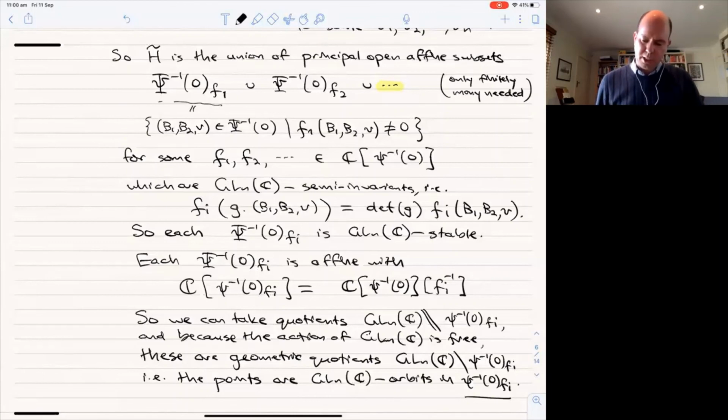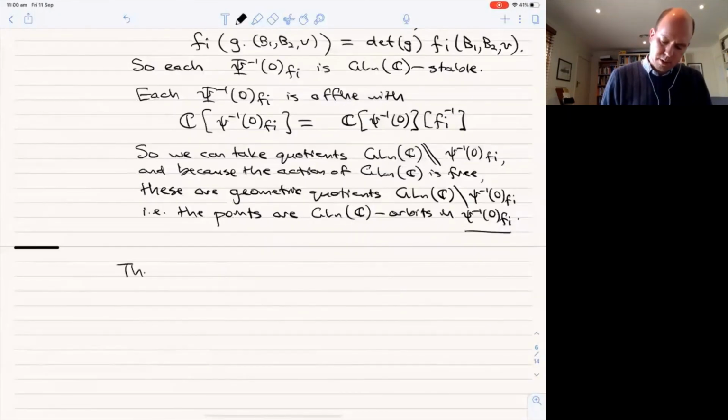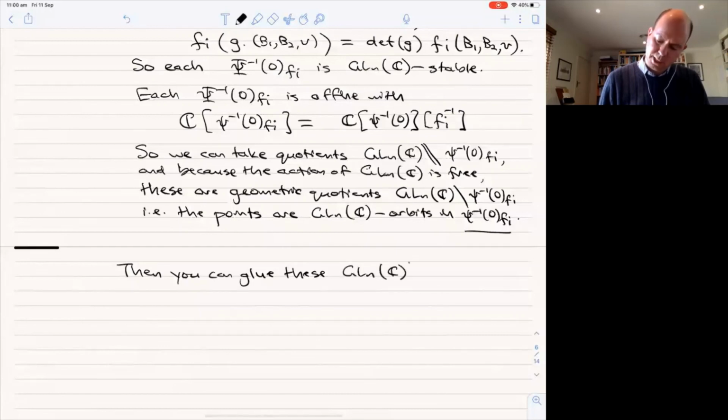And then you can glue these quotients of the individual affines together to get a variety, which is the quotient we wanted.